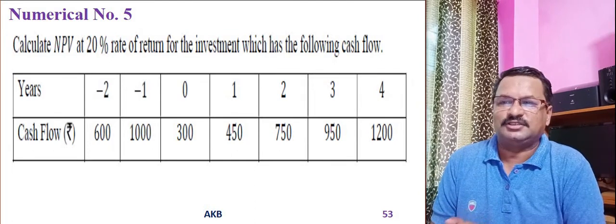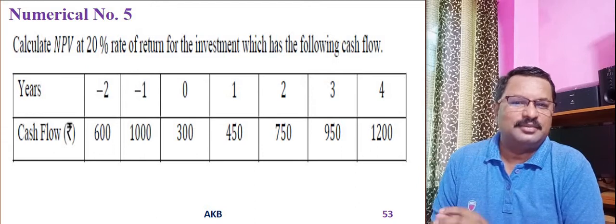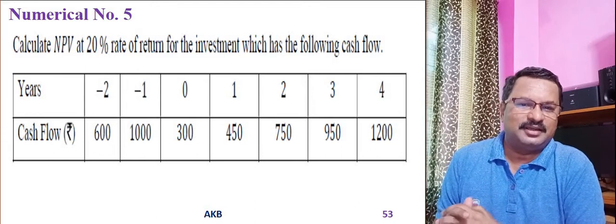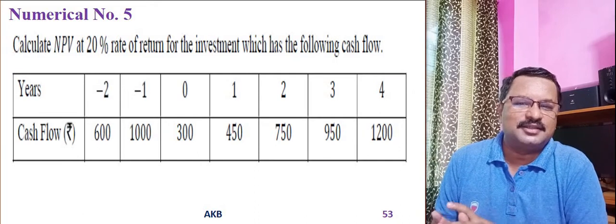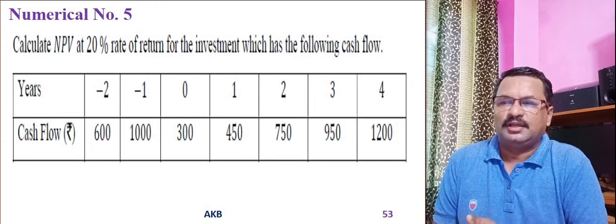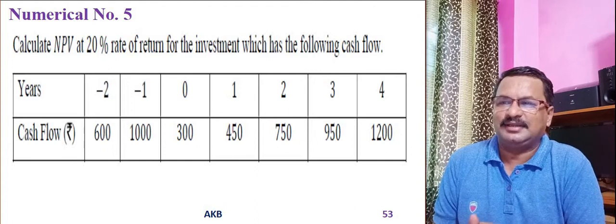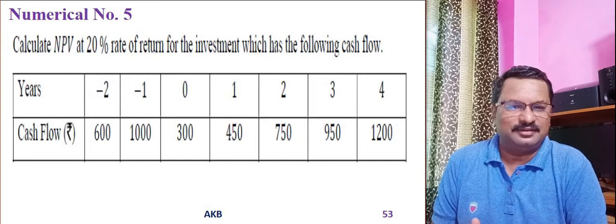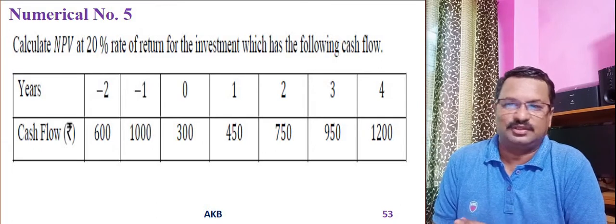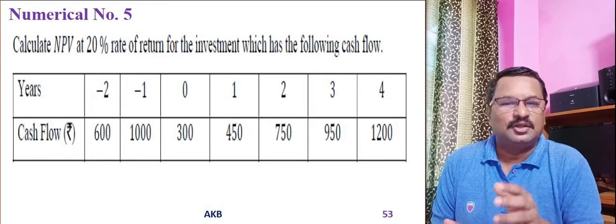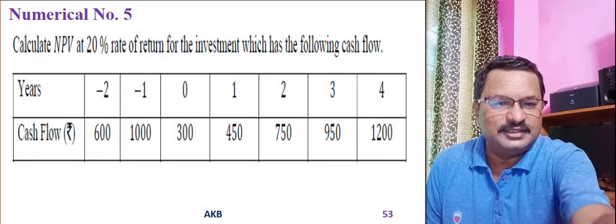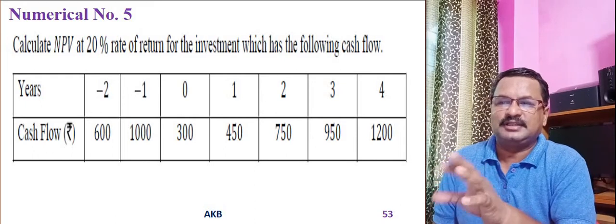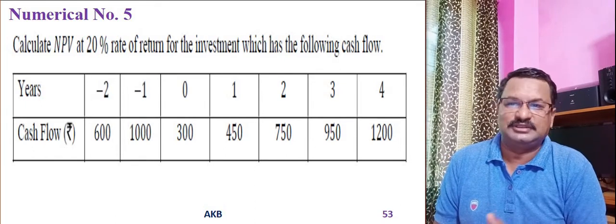When the year number is represented by a negative value, the cash flow for that year will be taken as investment. So the total investment will be 600 two years before the start of the project, and 1000 one year before the start of the project. So the total investment in this case will be 600 plus 1000, that is 1600.